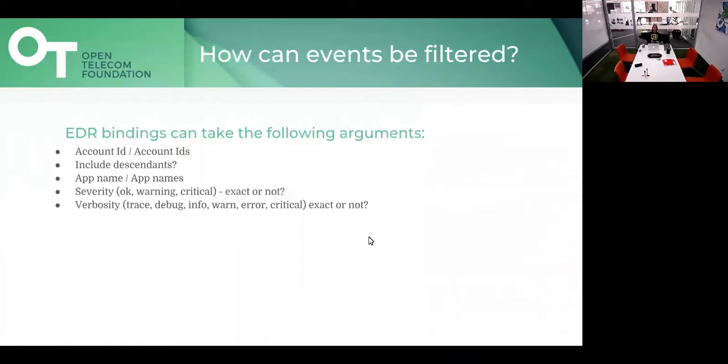You can filter on events coming from specific apps and on severity or verbosity, where you can specify if you want events of the exact severity or a non-exact one. So if you said you're interested in okay, but not exact, you would also get warning and critical level events.